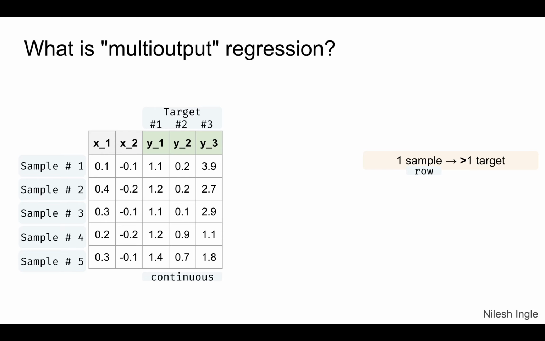What I mean by that is they are floats, 1.1, 1.2, etc. So each sample, in this case sample 1, would have more than one target, because here in this table we have three different targets.